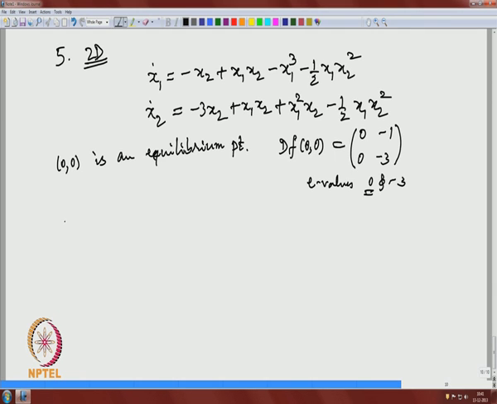So, now let us try this: V of (x1, x2) is equal to, half, for convenience, 3 x1 square minus 2 x1 x2 plus x2 square.